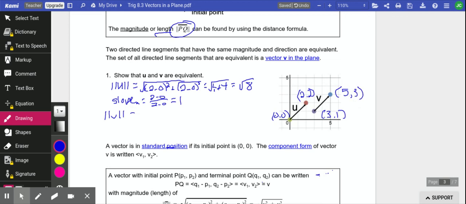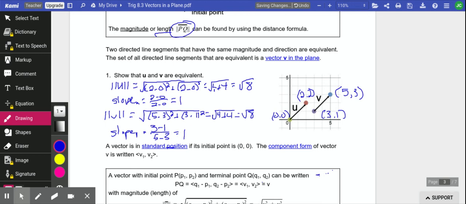So using the distance formula, we're going to do our x minus x squared plus y minus y squared. And that's going to give us 4 plus 4, which is also the square root of 8. So those have the same magnitude. And now we want to find the slope of V, which is going to be y minus y over x minus x, which is also 1. So we have shown that vectors U and V are equivalent.